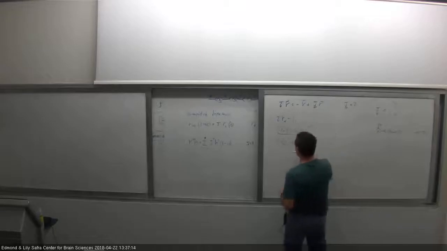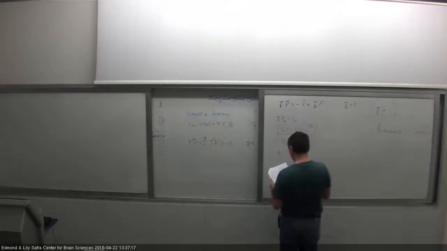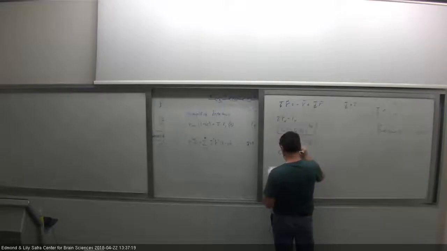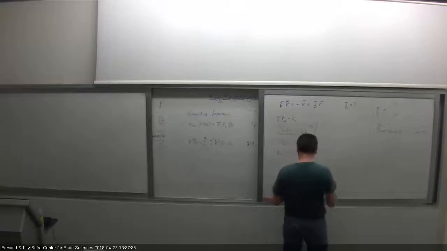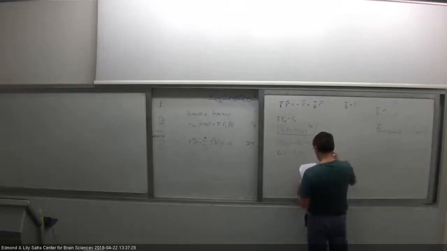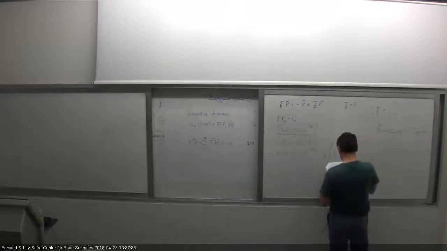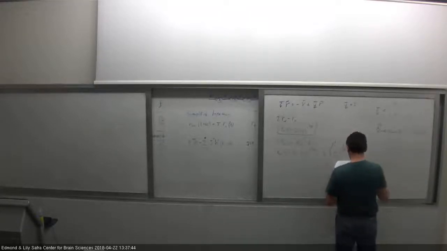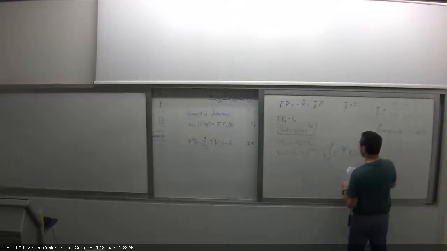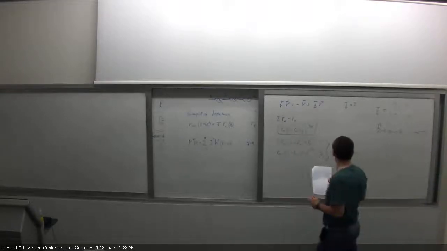So Rn minus 1 of t is equal to Rn minus 1 of 0 times e to the minus t over tau, plus 1 over tau times the integral from 0 to t of e to the minus (t minus s) over tau times Rn of s ds.